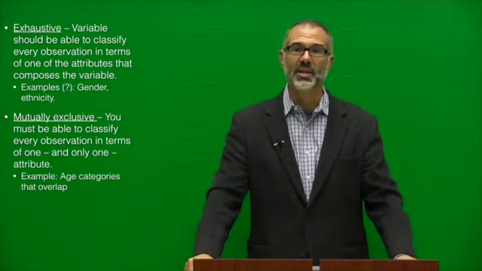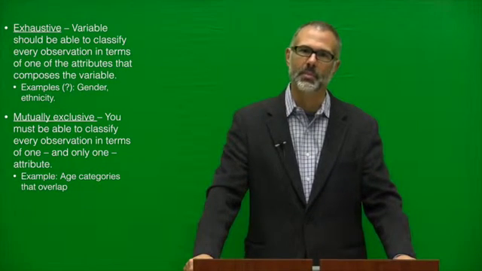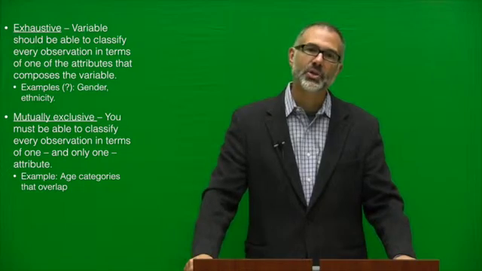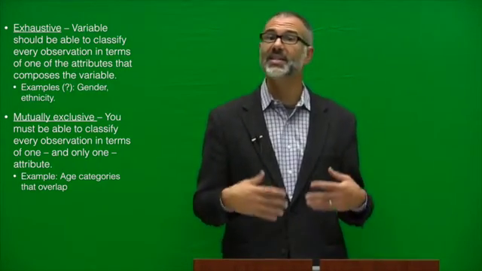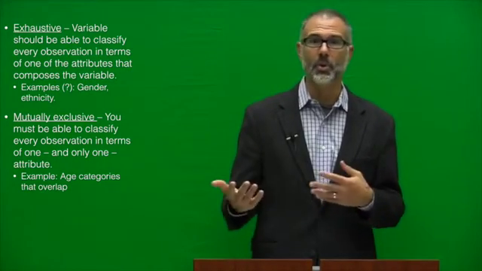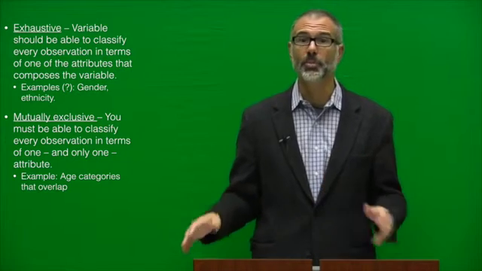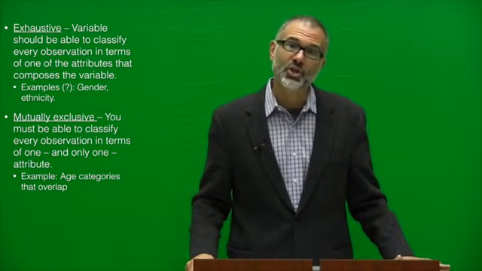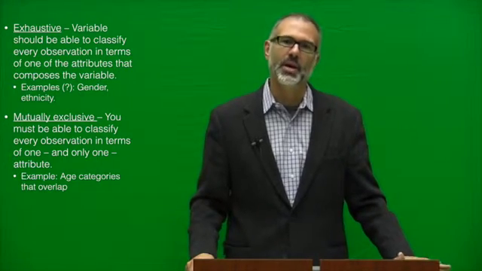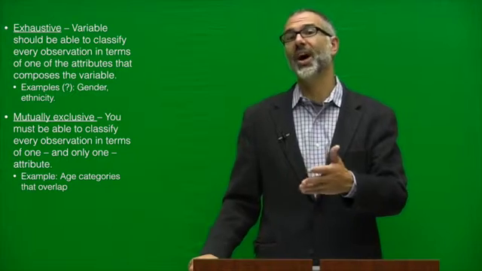If I'm interested in the role that ethnicity or race play in whatever outcome of interest I'm interested in, then I need to include all options, including people that don't identify as a single race or ethnicity. Sometimes people consider themselves interracial or consider themselves to have multiple racial or ethnic attributes. And I need to allow for an exhaustive set of attributes in order to include everyone. Now, often in studies, we'll just include an other category.